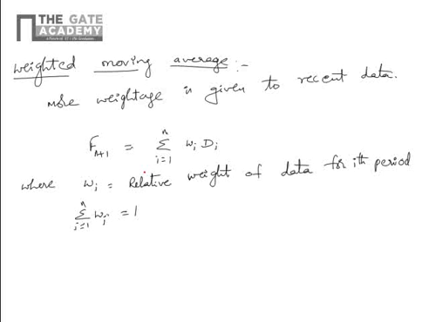So D is the actual demand and F is the forecasted value.